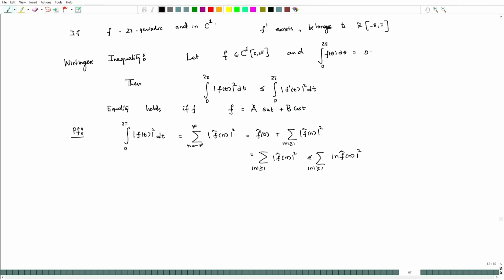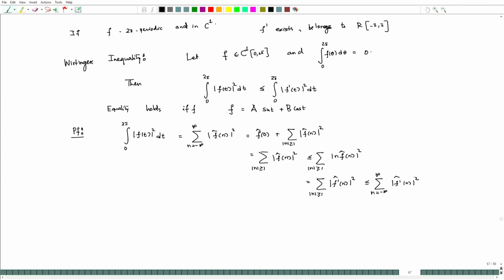Now, what is n times f hat of n? This is nothing but, summing over mod n greater or equal to 1, mod of f prime hat at n square, because f prime hat at n is i n f hat of n. So this is less than or equal to the sum over n from minus infinity to infinity of mod f prime hat at n square.